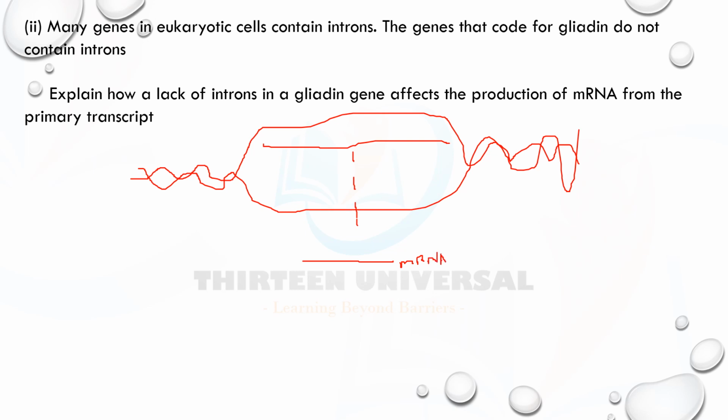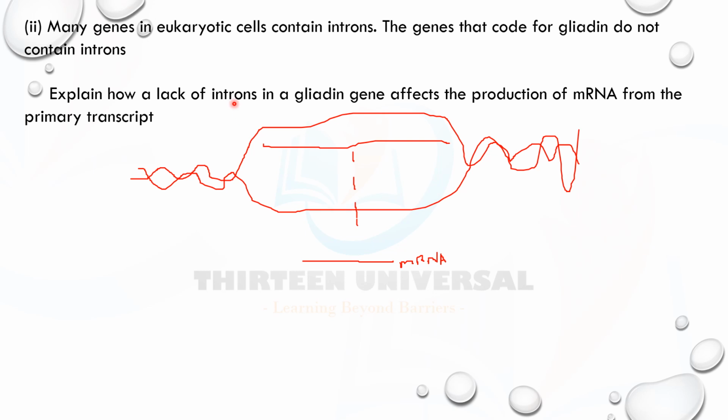So what happens is what we call a post-transcriptional event, where introns are removed and exons are joined. Exons are coding sequence. But here the question is: explain how a lack of introns affects the production. Simple. There are no introns. There is no non-coding sequence, so there is no splicing, so introns are not removed.